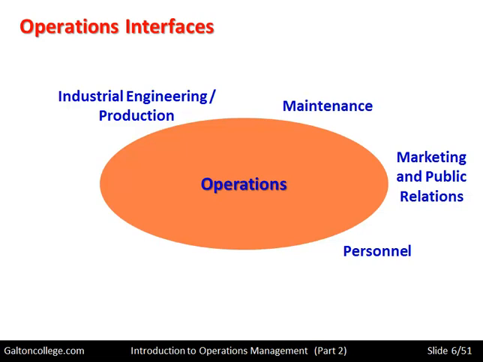I say personnel, well, the HR department. Clearly, the operations management team must link with the HR department when recruitment is on the cards, when new operators are required, or new staff to operate certain machines or to perform certain functions. Clearly, the operations management team will give the brief of what are the desired attributes, if you like, of the people to be recruited.